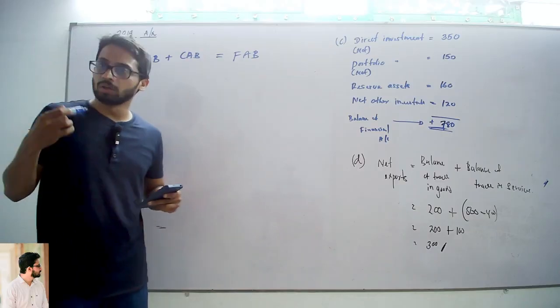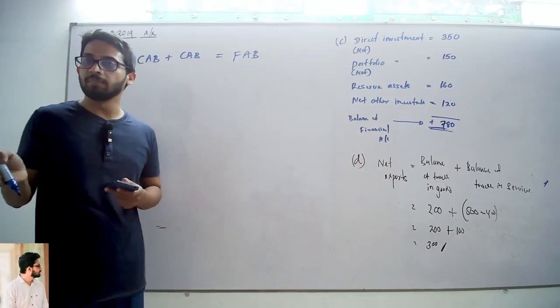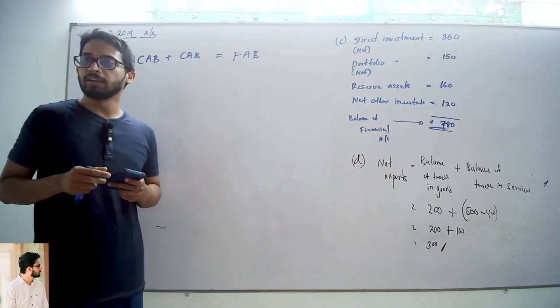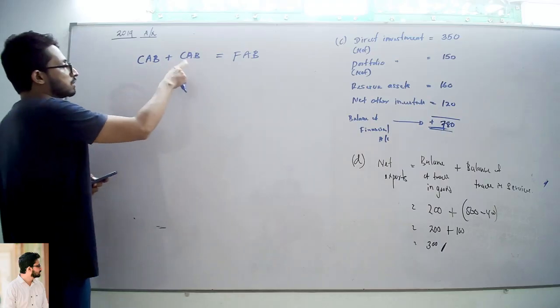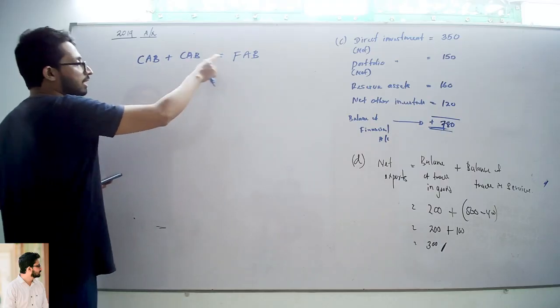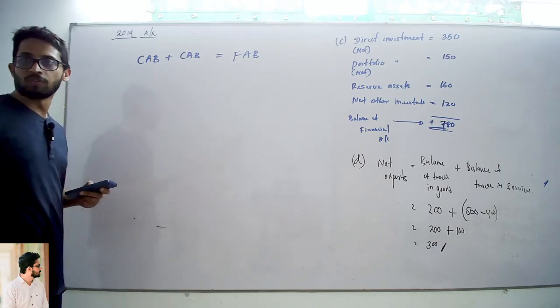If we record all transactions as credit and debit following the double entry principle, the balance of current account and the balance of capital account should equal the balance of financial account.